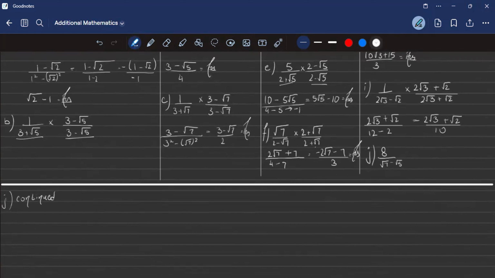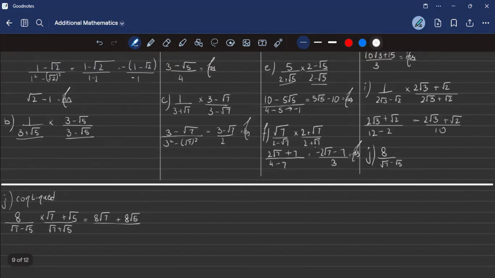Simple as that. Now, what is the conjugate surd of under root 7 minus under root 5? Again, it's simply under root 7 plus under root 5, and then we divide it again by under root 7 plus under root 5. So we would get 8 under root 7 plus 8 under root 5, and then divided by a plus b minus b.